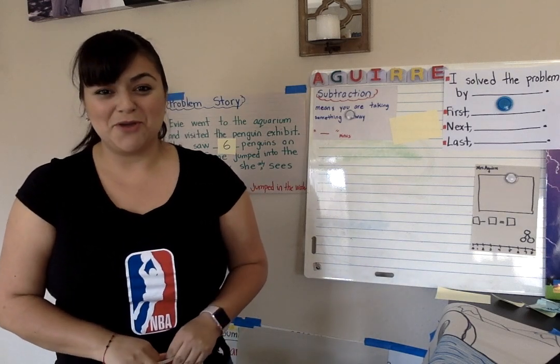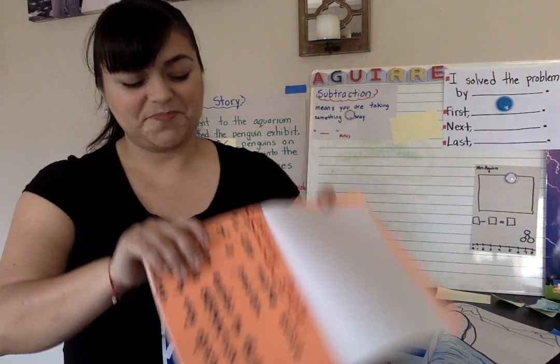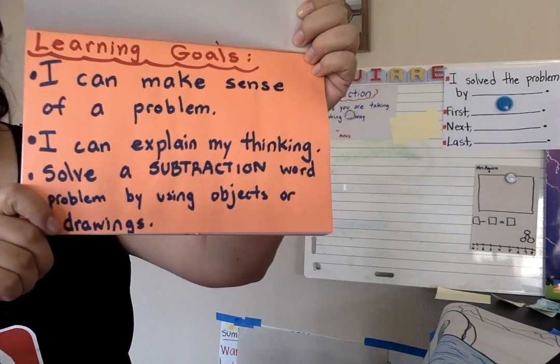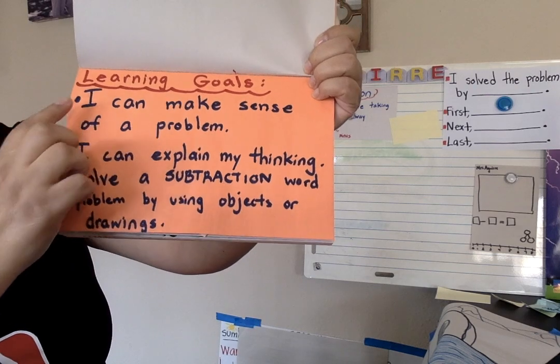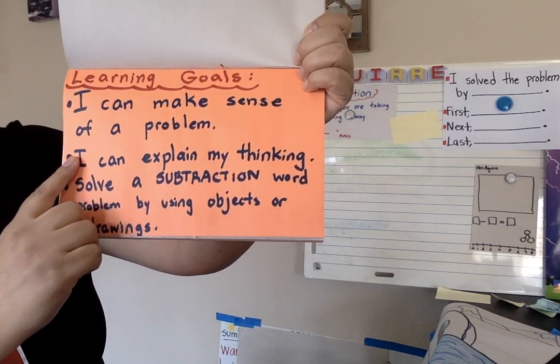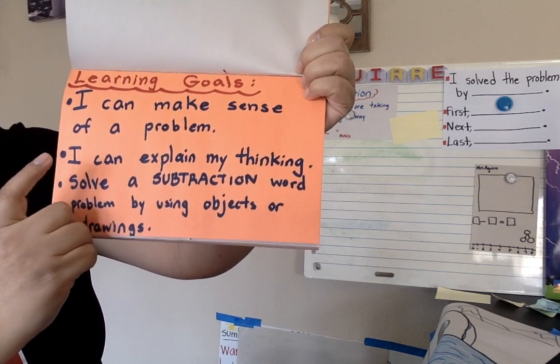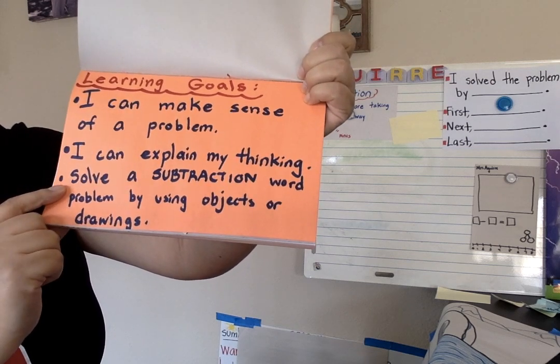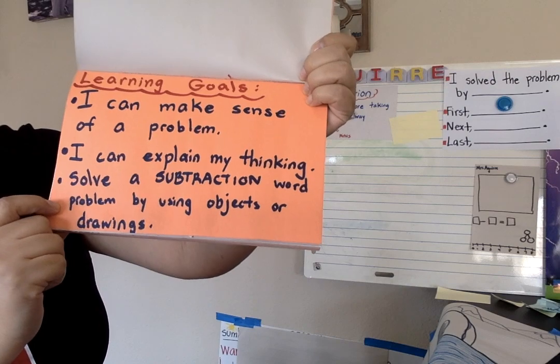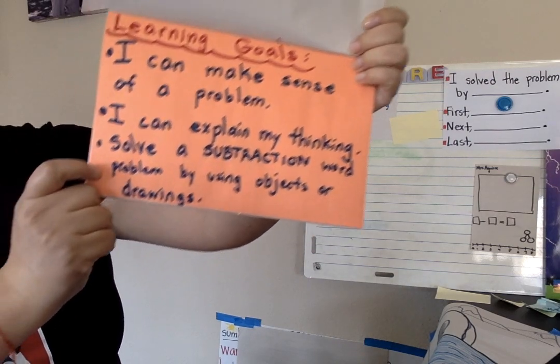Okay, so let's go over our goals for today. Today, our learning goals are I can make sense of a problem. I can explain my thinking, and I can solve a subtraction word problem by using objects or drawings or both.